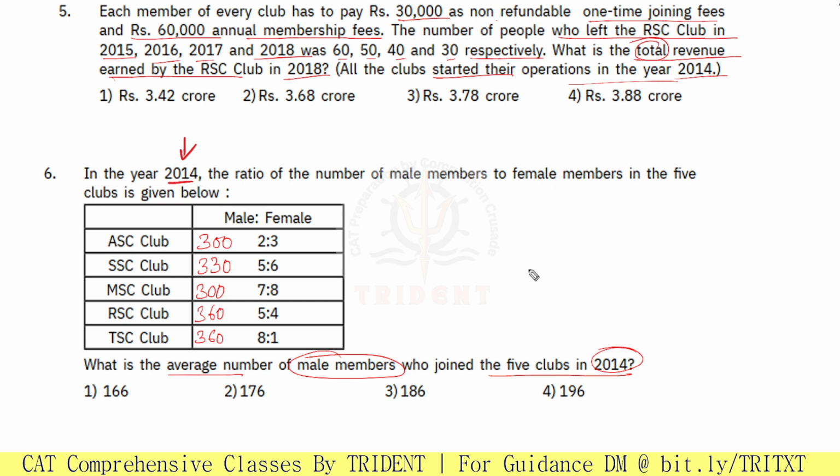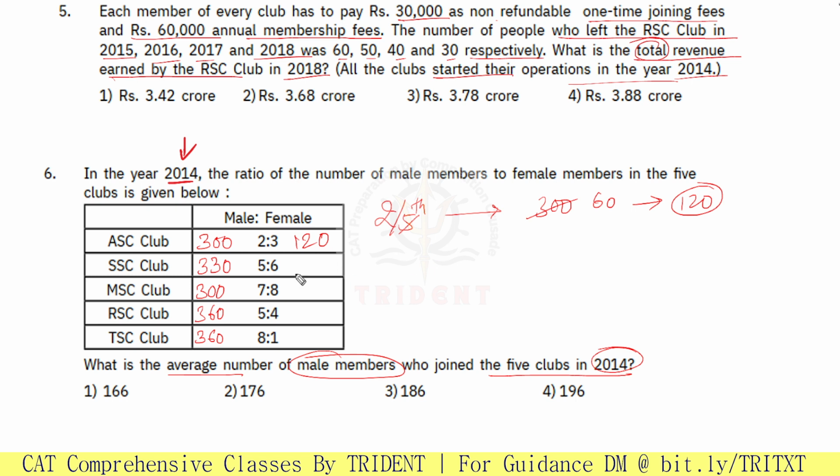So basically the average number of males. For that I need the number of males, right? Of the 300 members, 2 by 5 is male. 2/5 is the number of males of the 300. So if you just pay attention, 5 cuts this by 60. So directly I get the number of males for this as 120. Similarly, this is 5 plus 6, that is 11.